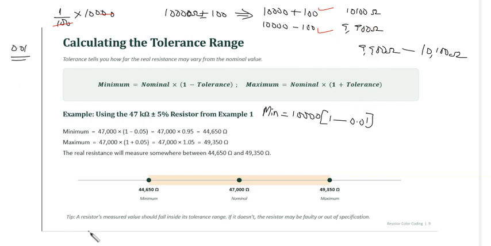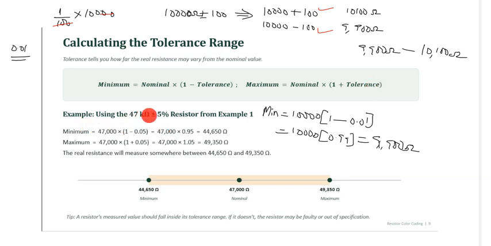So 1 minus 0.01 gives us 0.99, and 10,000 into 0.99 gives you 9,900 ohms. So you can see that using this formula, we still arrive at the same value. This is the minimum value. Now the maximum value is equal to the nominal value times 1 plus tolerance.